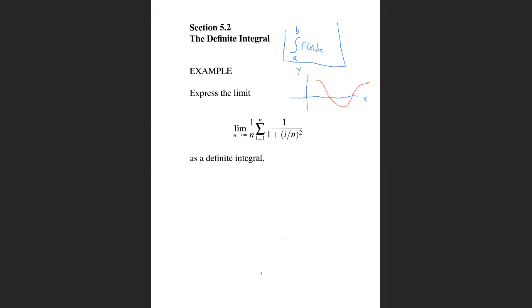Let me extend that x-axis a little bit more to make this look a little bit nicer. This is the x-axis, right? And you have limits here. This is x equals a. This is x equals b.